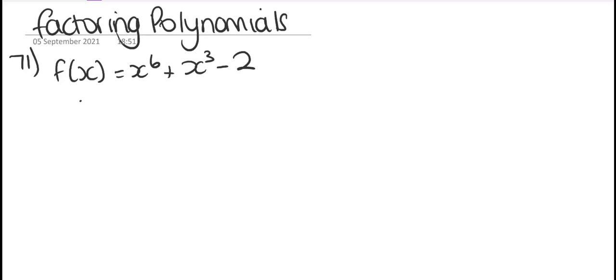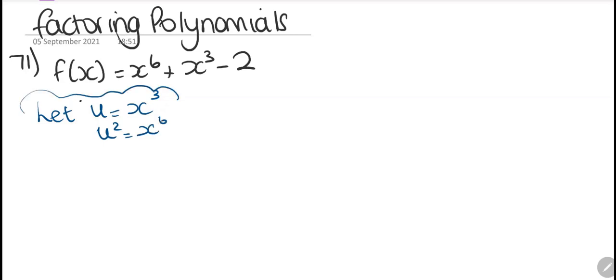If you remember, we can let u equal x cubed. And if we do this, this means that u squared will be x to the 6. So I can use this in my equation.